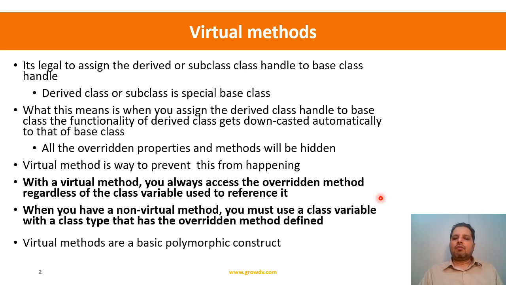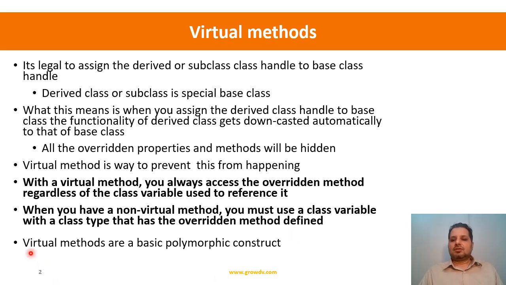But now when you use the virtual keyword inside your base class for that particular method, and when you extend that function or task in your derived class and define the functionality, and then create a derived class object and assign it to the base class handle and invoke an overridden method through the base class handle, still the derived class functionality will get executed when you use a virtual method. That is what happens. But if you do not have the virtual method, when you have a non-virtual method, then you must use the class variable with a class type that has the overridden method defined. That is what it is, right?